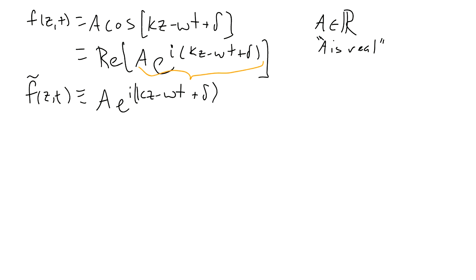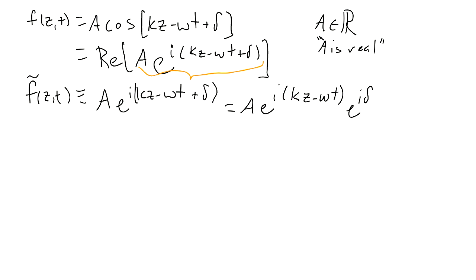This part right here oscillates. If you change z, it's going to oscillate, or if you hold z constant and change t, it'll oscillate. And then we also have this other phase shift, but that's something separate.